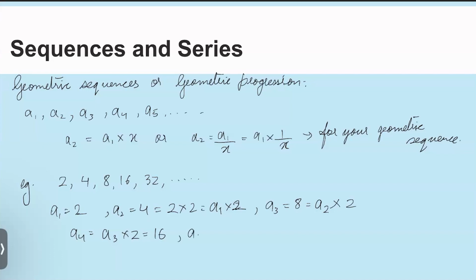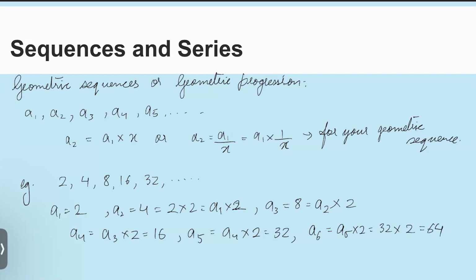And a5 is a4 into 2, that is 32. Similarly, A6 would be A5 multiplied by 2, so 32 multiplied by 2 is 64.